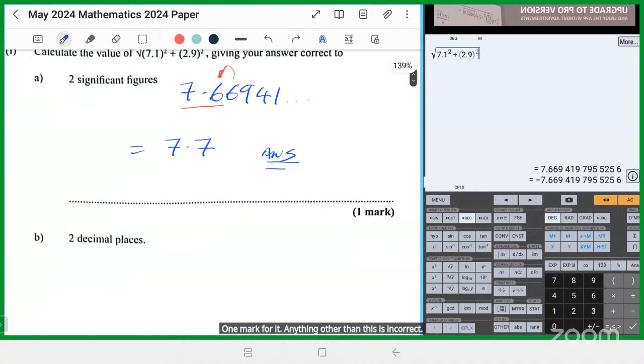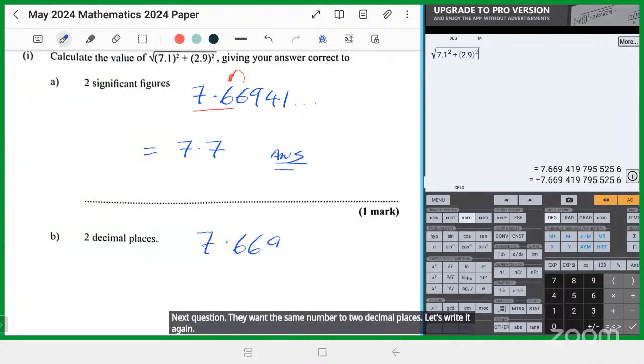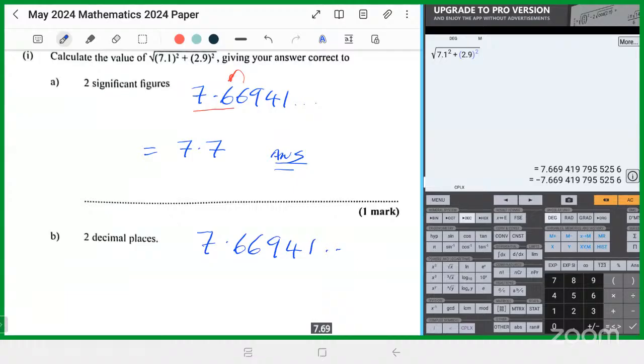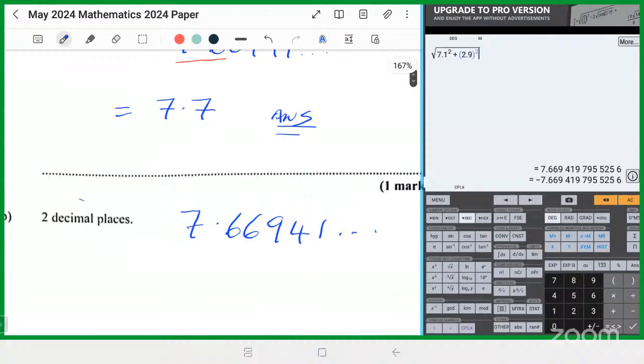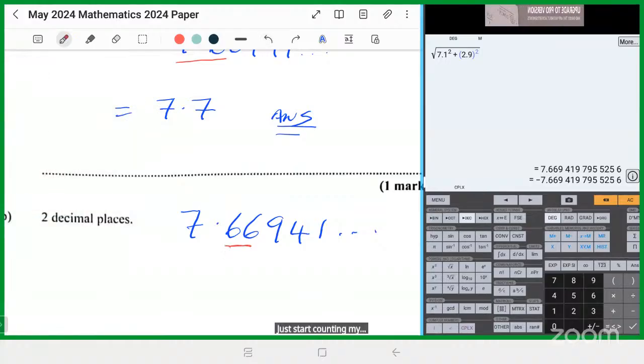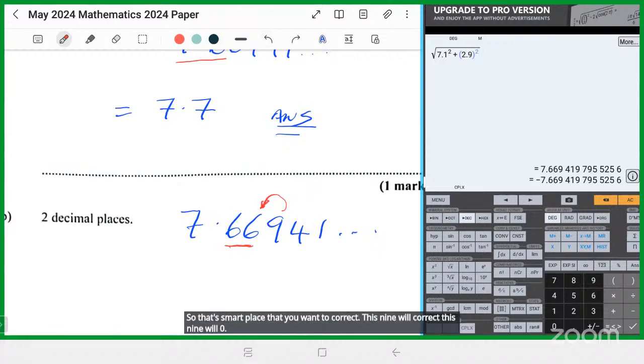Next question. They want the same number to two decimal places. So let's write it again. 7.6941 and so on. Now we want two decimal places. Just start counting decimal places. This 9 will correct this 0.66 and turn it into 0.67, increase it by 1.